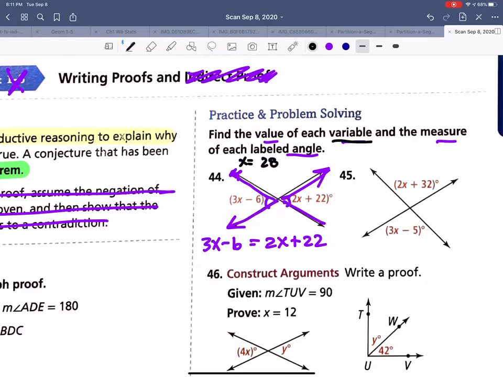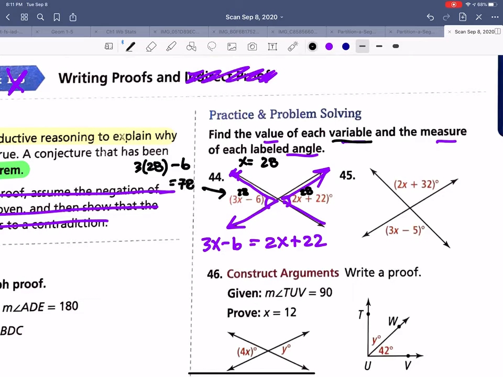But now it says we need to know what each angle is. So I've got to substitute 28 in here, and just do a little computation. So 3 times 28 minus 6 is my first angle. So I get 78 for this angle.